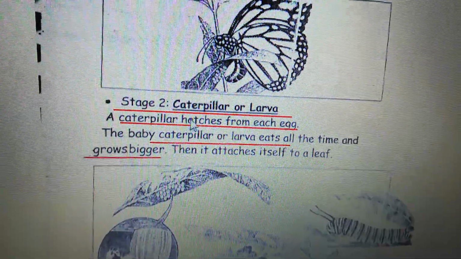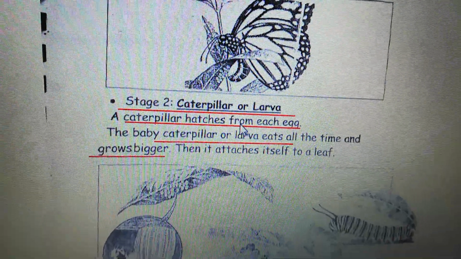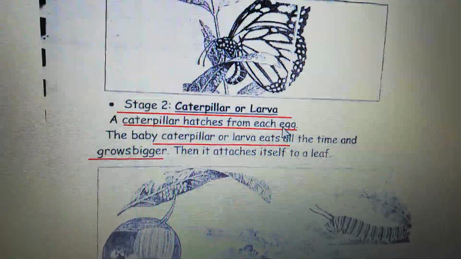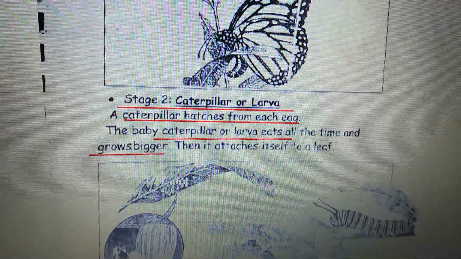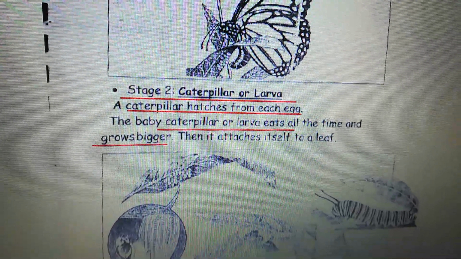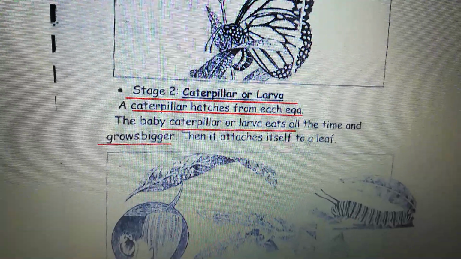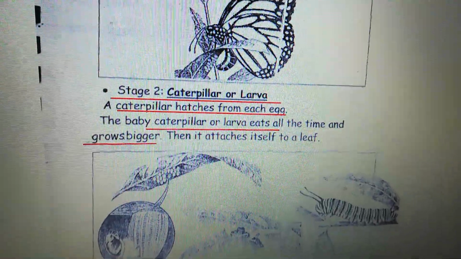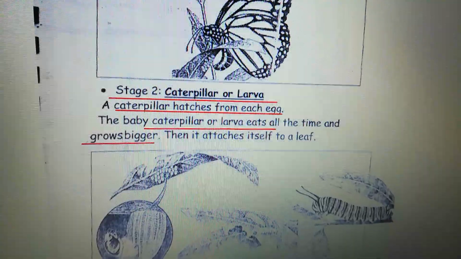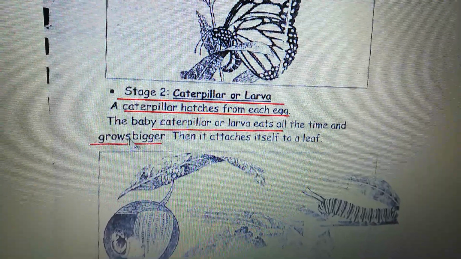The caterpillar hatches from each egg. So they come out from the egg, they eat and they grow to become bigger. Caterpillar or larva eats, grows bigger.